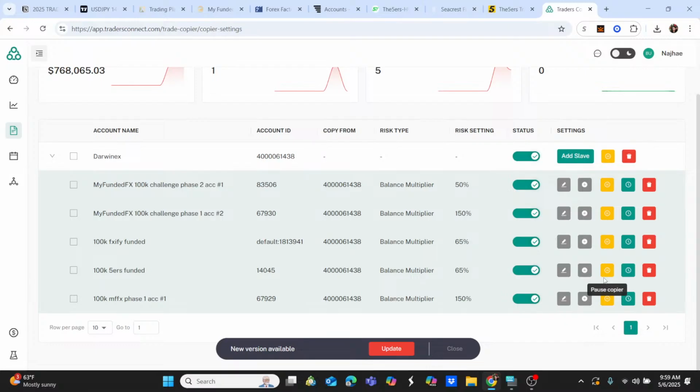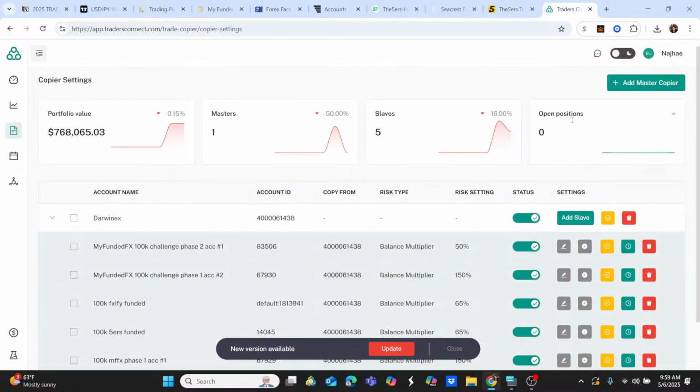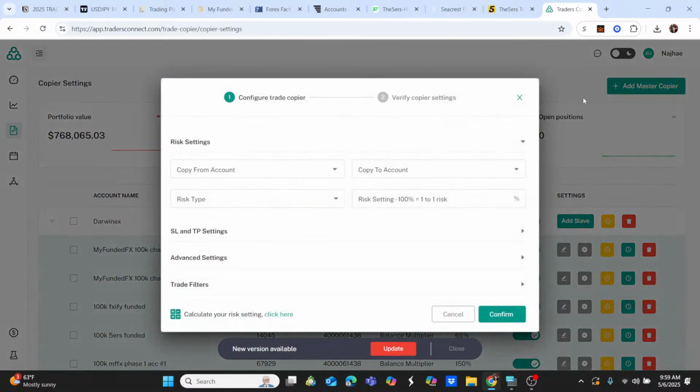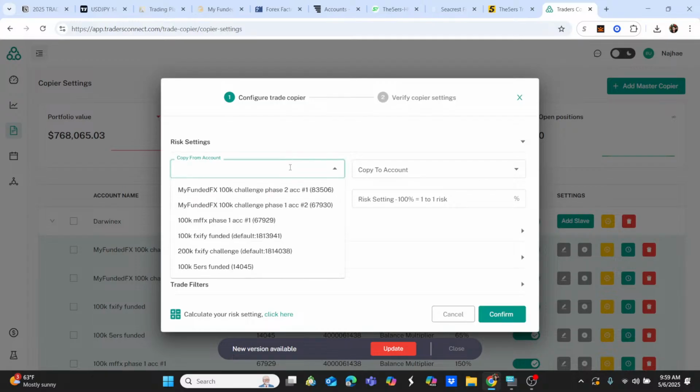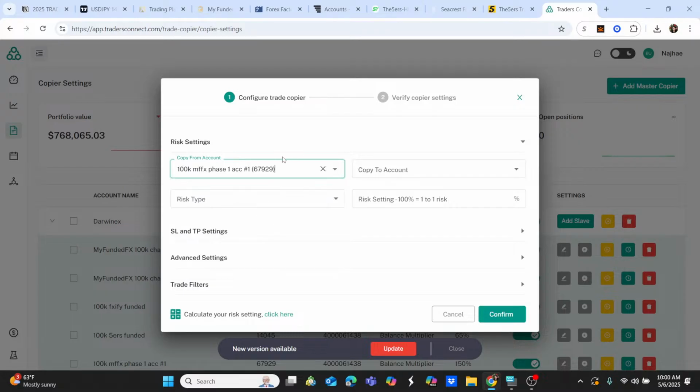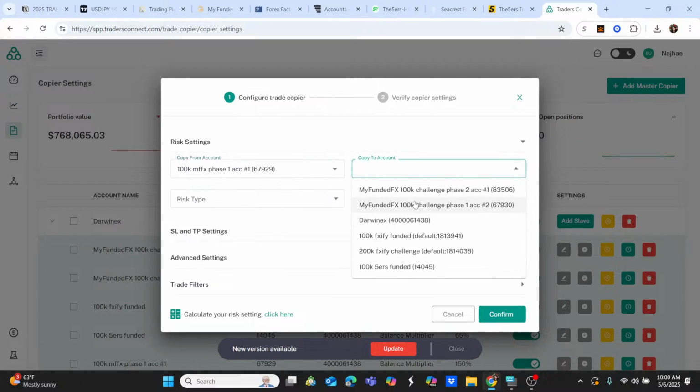Okay, right here. Yeah, there we go. So what I'm gonna do is I'm gonna add a master copier, and I'm gonna use this, phase 1 account number 2. So I'm gonna use this one account, so whenever I'm only taking challenge trades, it can place them on all of them.